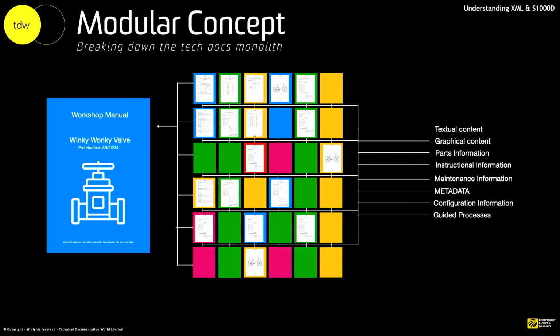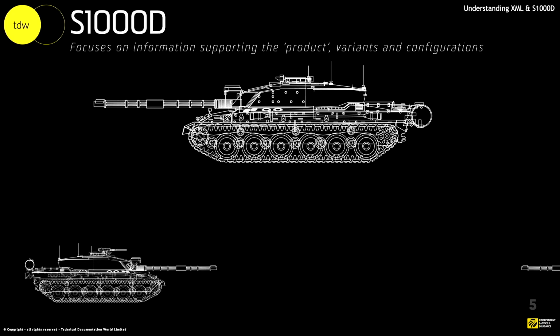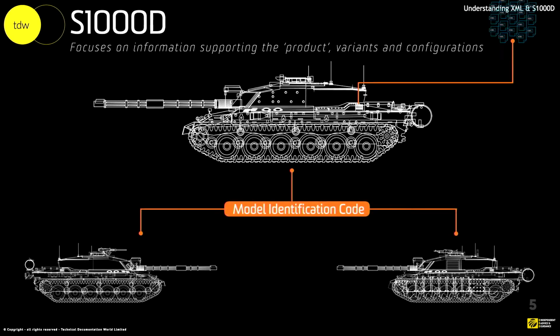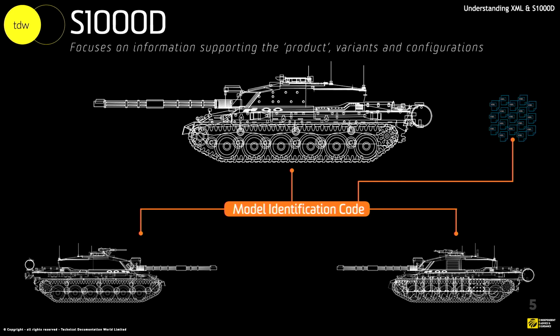So in its essence, breaking it down into its fundamentals, this is what we talk about when it comes to modular data. And on my Understanding XML and S1000D course, we go into much more detail on what we mean here, but please just trust me at this stage. So when we talk about S1000D, it has that modular concept, but it also has this concept of tying information to a platform, or to what is known as a model identification code.